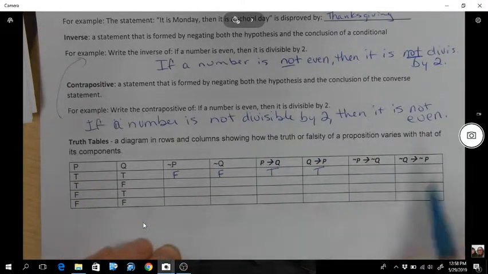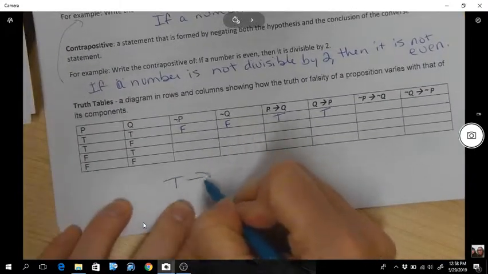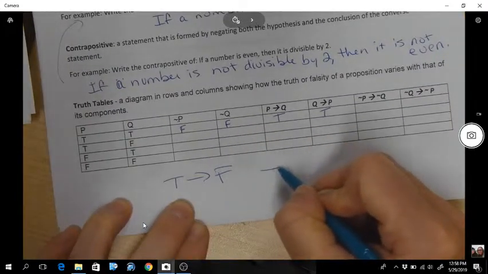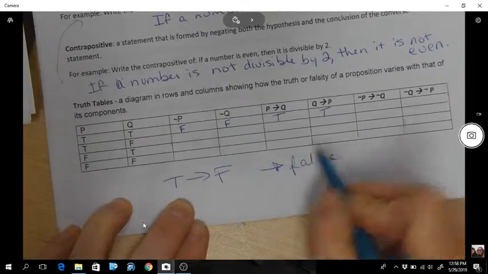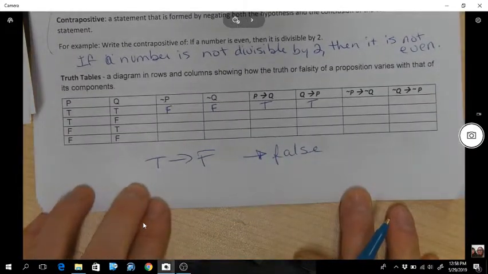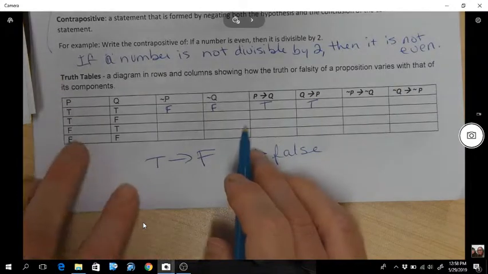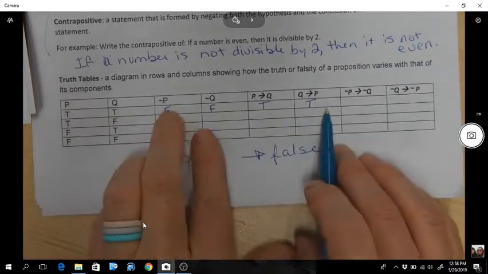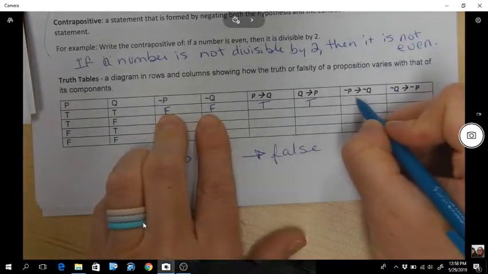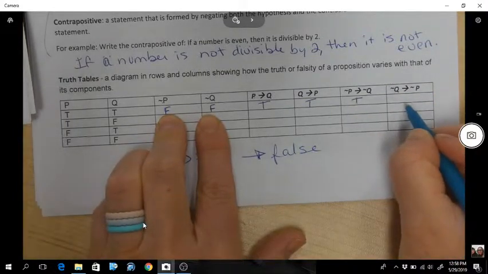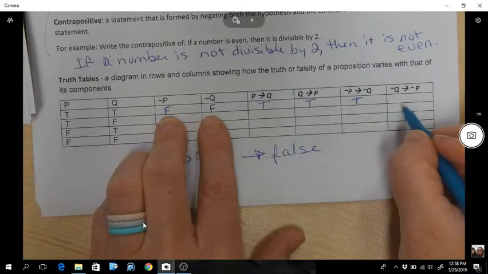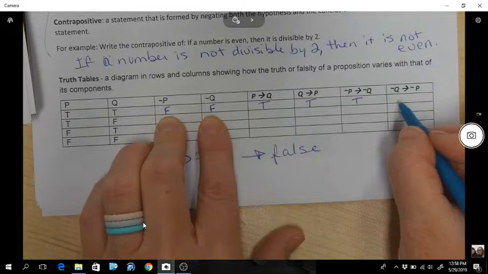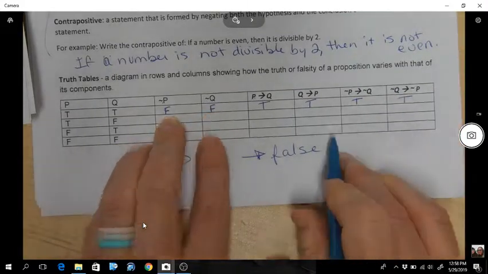I'm going to talk to you about the only way to get a false statement. It is if you state something is true and conclude that it's false. That's the only way to get a false statement. So if we do not P, not Q, false, false is actually true.